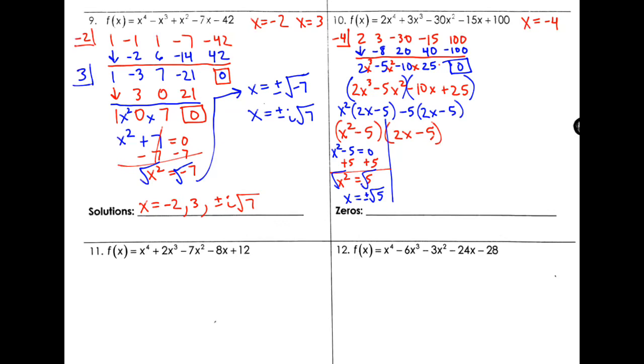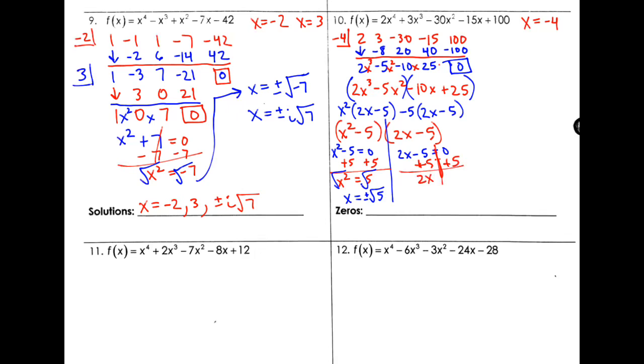On this side, we're going to do the exact same thing. 2x minus 5 is equal to 0. I'm going to add 5. Hey, what's wrong with this thing? It's going nuts. So add 5.